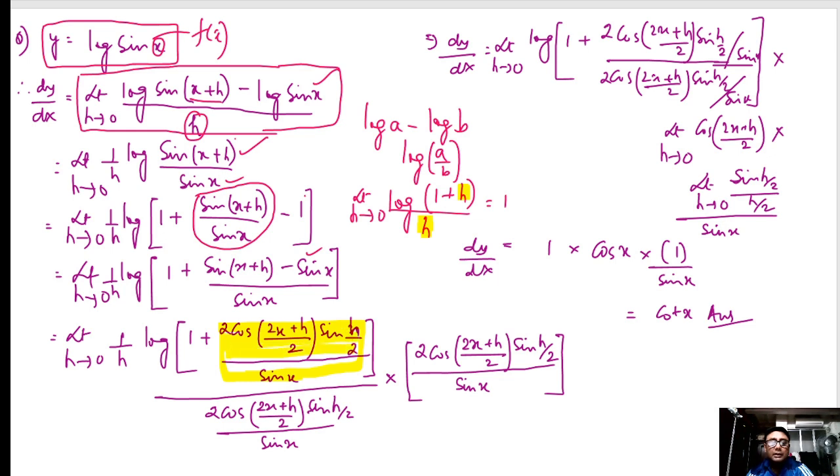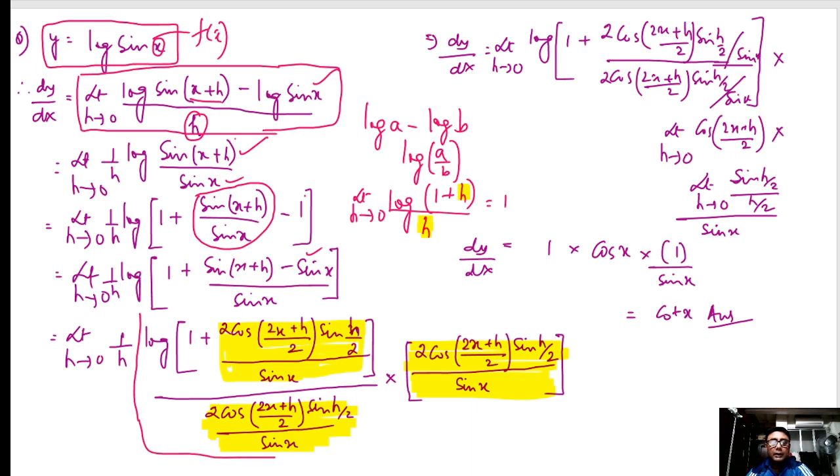Please note here, this is my 1 plus h by h, by h. That means we wrote the same value, and since we wrote this, we have to adjust it by multiplying it. Clear? You have to adjust it by multiplying it. So now this whole thing gives me 1.